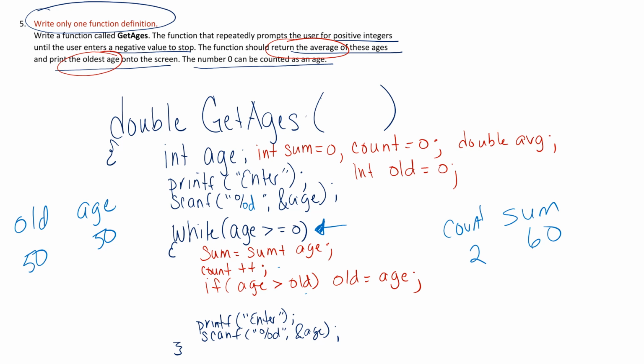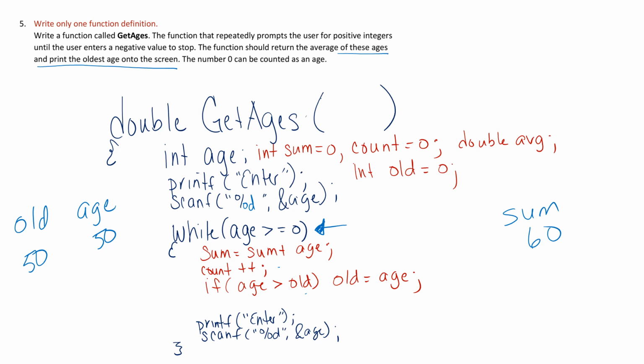When this loop stops, the function should calculate and return the average and print the oldest age onto the screen. So you don't return the average first. After you finish the loop, this is the end of the loop, you're going to print the oldest.